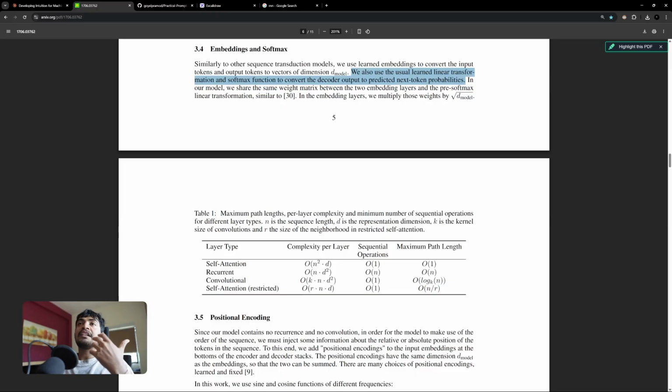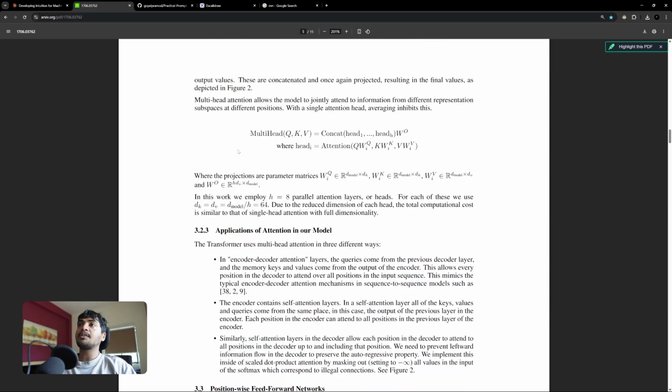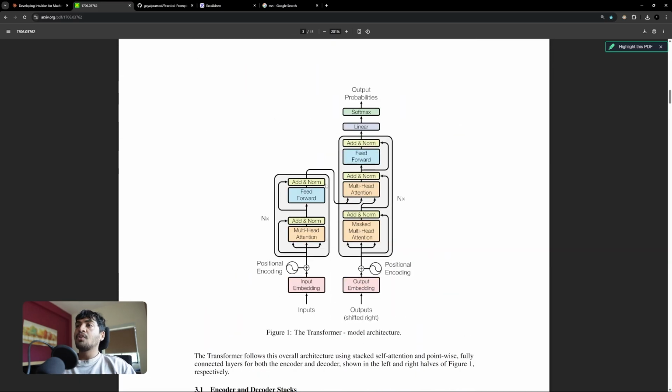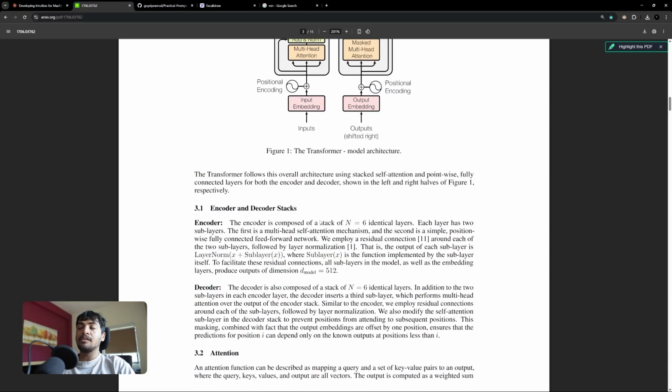They use a linear transformation. So that was 2048 that we talked about in the feed forward network. So if we go back over here, then they do a softmax of probabilities to find the token which has the highest probability of being the next token given the previous tokens, and then they take the output probability and give us the final word.